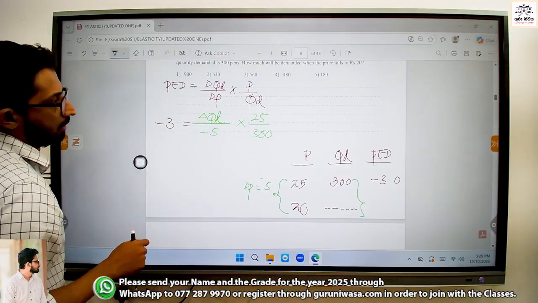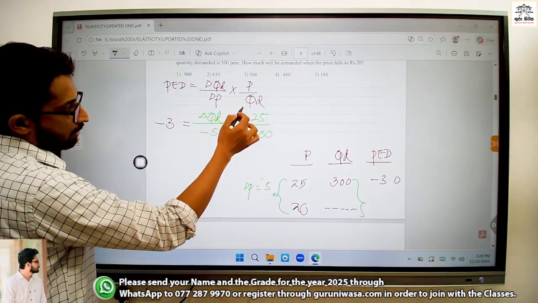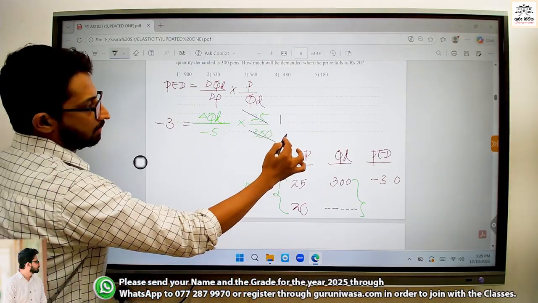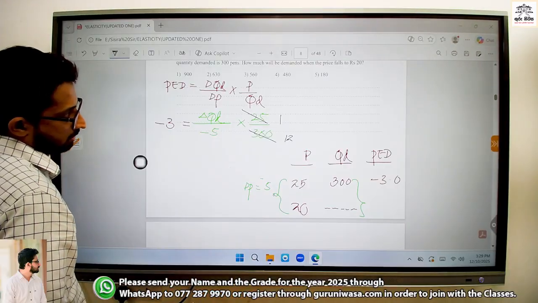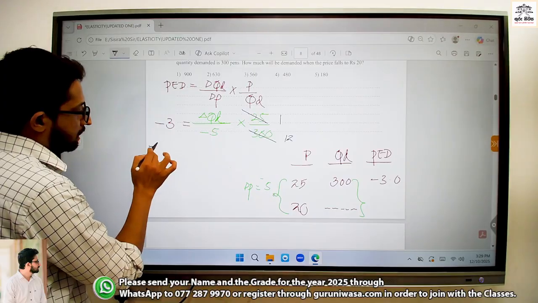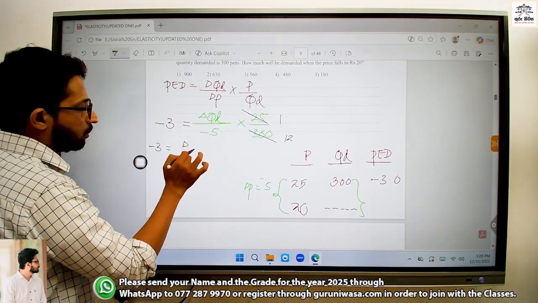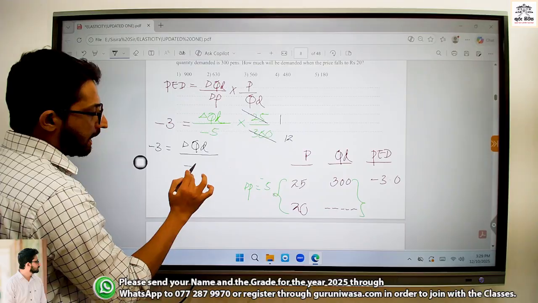Okay, Lamai. Now -3 equals delta QD over -60.